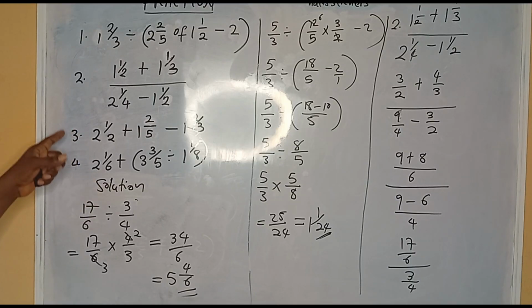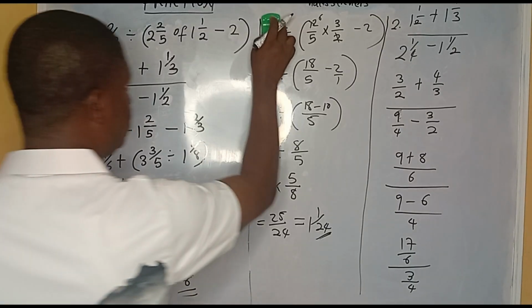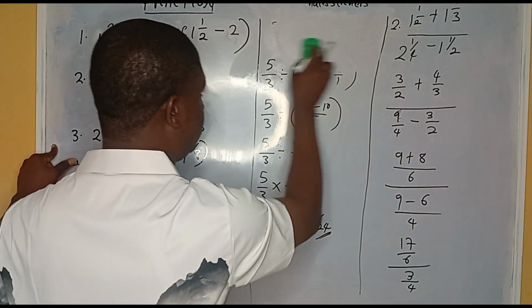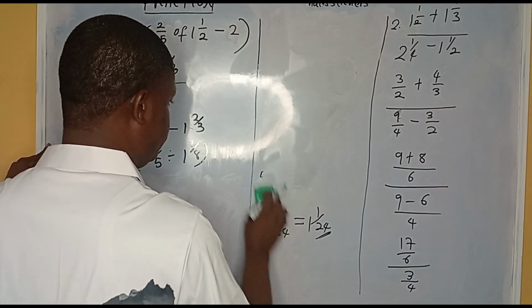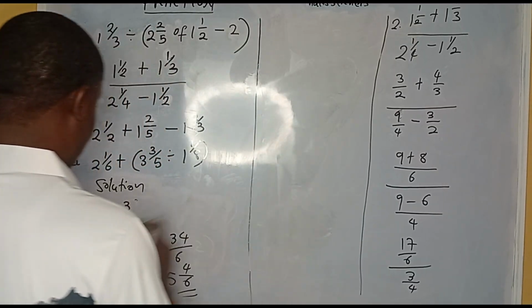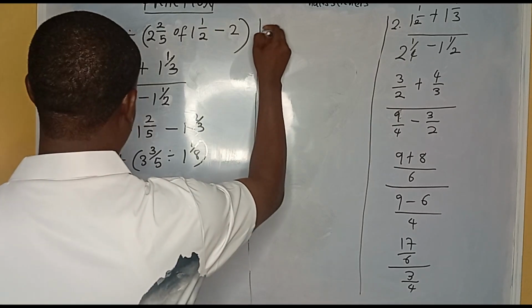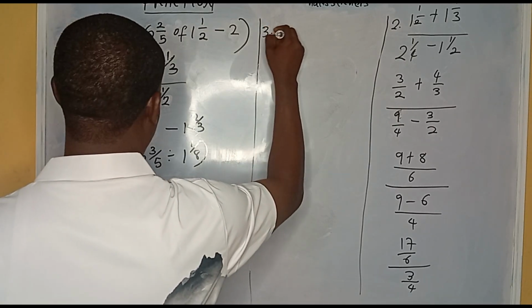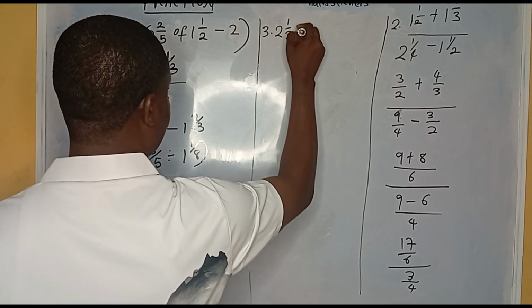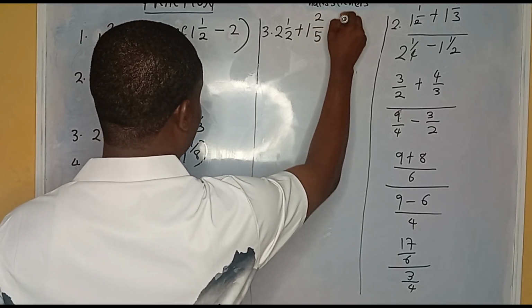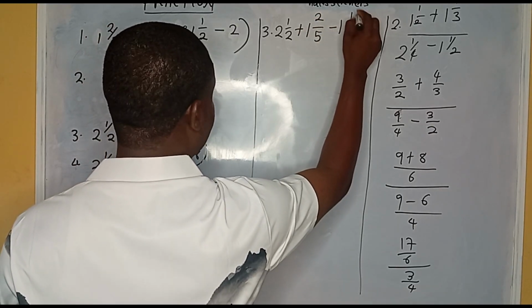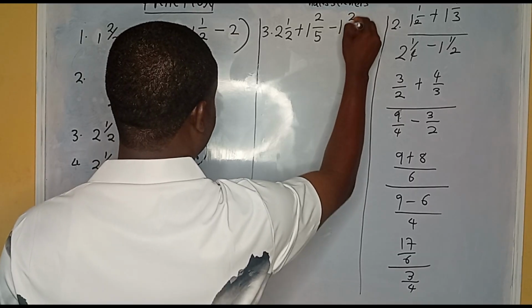Okay, so let's look at the next problem, which is number 3. For number 3, we have 2 whole number 1 over 2 plus 1 whole number 2 over 5 minus 1 whole number 1 over 3.